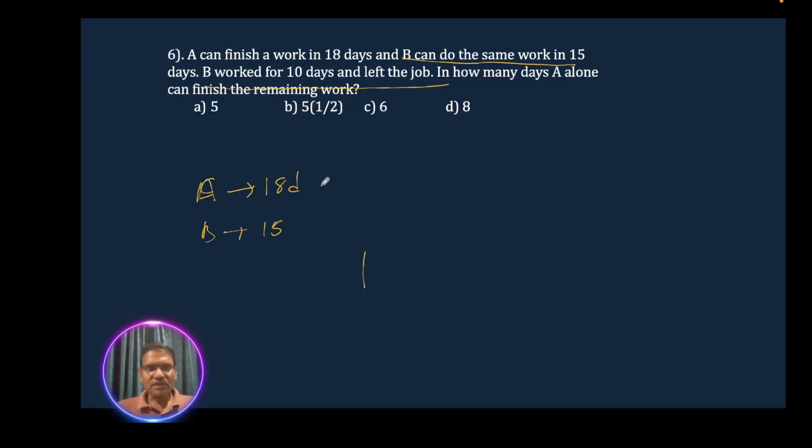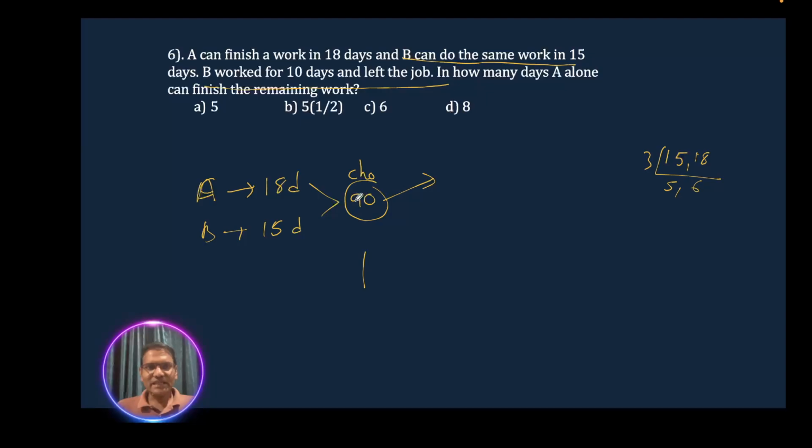Suppose that work, as I told you, take the LCM between these two, 15 and 18. The LCM is, 15 and 6 are 90. So 90 chocolates to eat is the work.